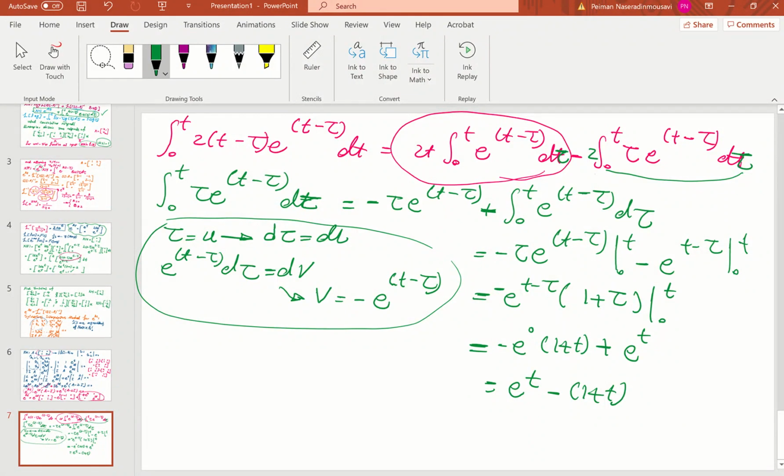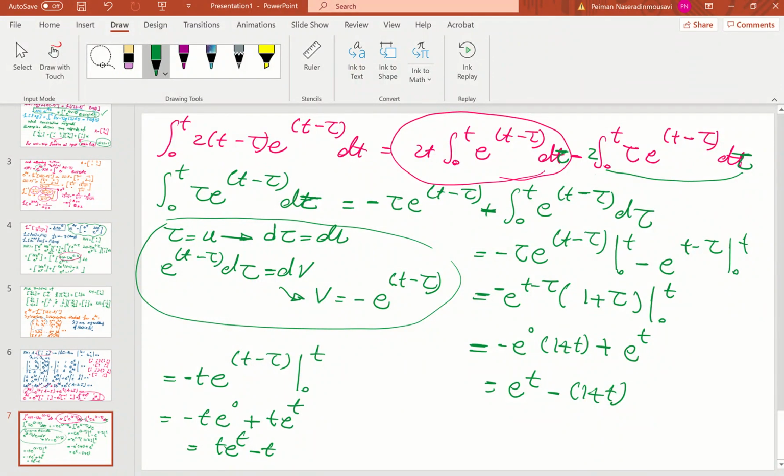Now, from here, the integration of this part is t times minus e^(t minus tau) from 0 to t. It's going to be minus t e^0 plus, minus and minus plus, t e^t. So this is going to be t e^t minus t.